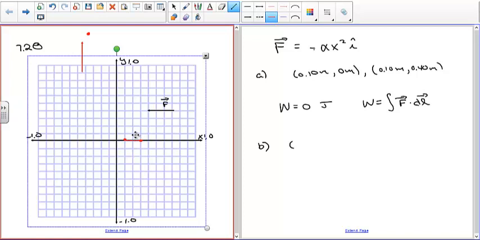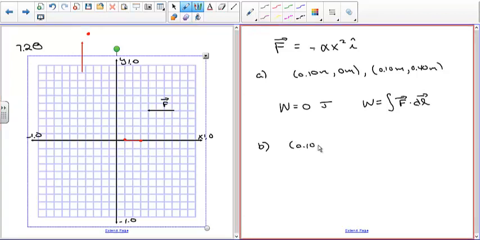Now, because this directional vector is going from left to right and the force is going from right to left, when we evaluate this particular dot product, you end up with a -1, because they're going in opposite directions. So the work, in terms of just scalar numbers, is going to be the force.